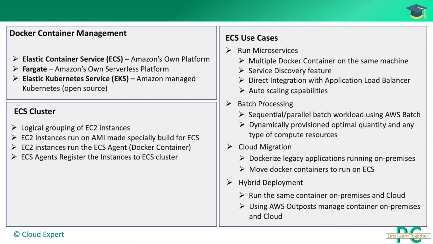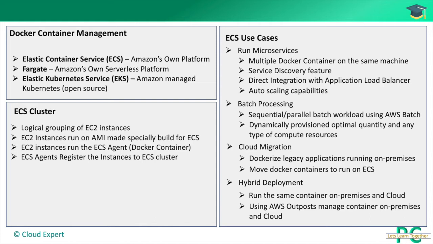Now let's see what an ECS cluster is and how it works. An ECS cluster is a logical grouping of EC2 instances. You might be thinking, is this the same EC2 instance you are launching for day-to-day work? The answer is both yes and no. These EC2 instances are built with a special AMI, which is specifically built for ECS.